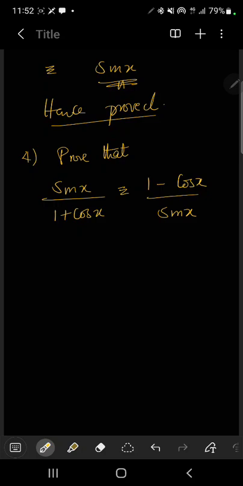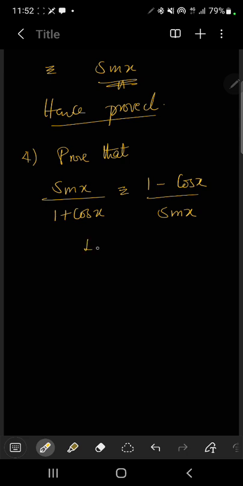Now, for an identity of this form, if you look at the left hand side and the right hand side, they are almost similar. So you can work with either side. I will choose to work with the left hand side, but even if you work with the right hand side, it's still fine.